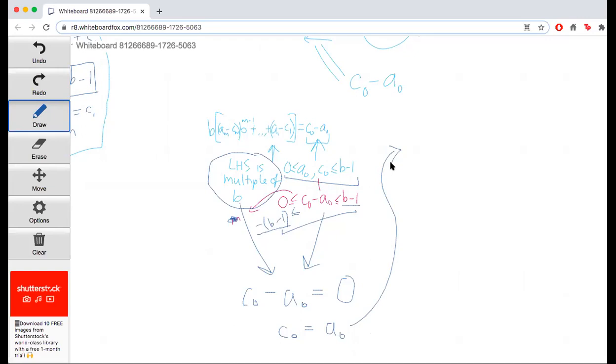So I'm just going to rewrite this thing, but now I can replace this thing with 0 because we just found that it's equal to 0. So that means B, outside of that mess, AM minus CM, lots of B to the M, plus, and then the last thing I had was A1 minus C1.